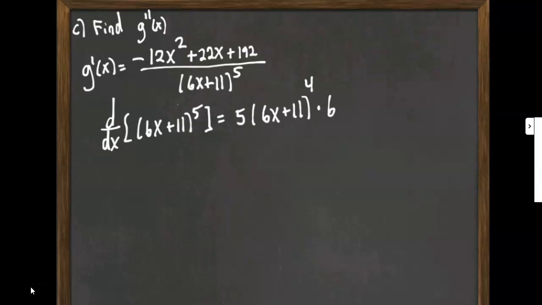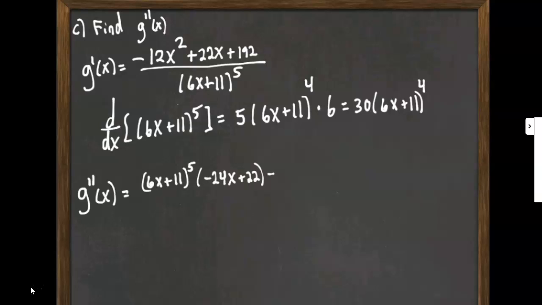And now we put this all together with the top. Actually, I'll simplify it first. Then it's going to be the bottom function, 6x plus 11 to the fifth, times the derivative of the top. The top is negative 12x squared plus 22x plus 192, so its derivative would be negative 24x plus 22.